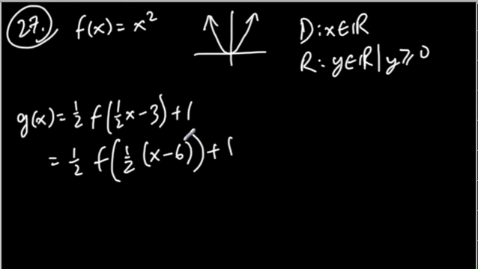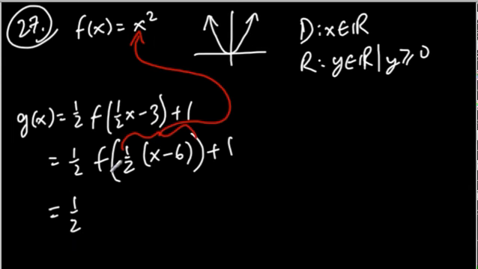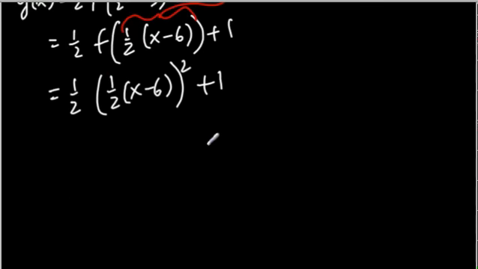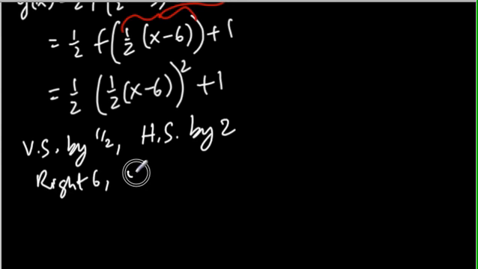Half times negative 6 is negative 3. So now all we're doing is taking this and plugging it in right there. If we do that, we get half x minus 6 squared, because remember we're just replacing the x with that, and then plus 1. What you observe here is a vertical stretch by half, a horizontal stretch by 2, right 6, and then up 1.